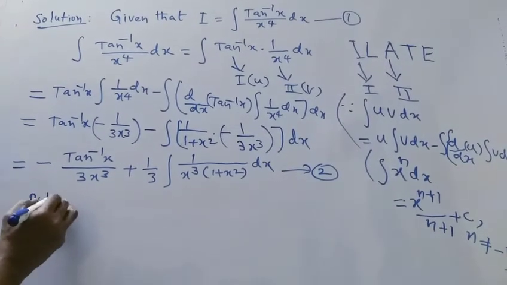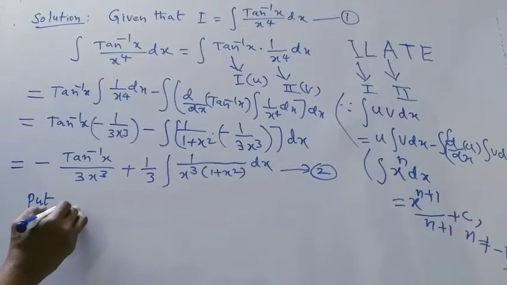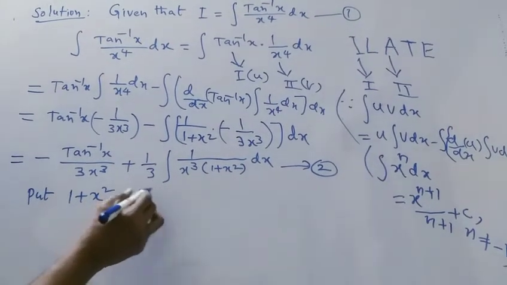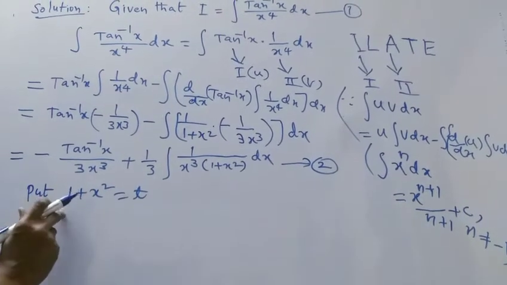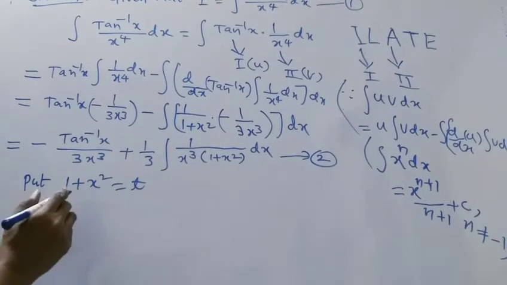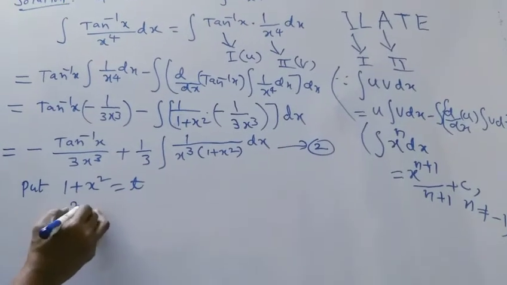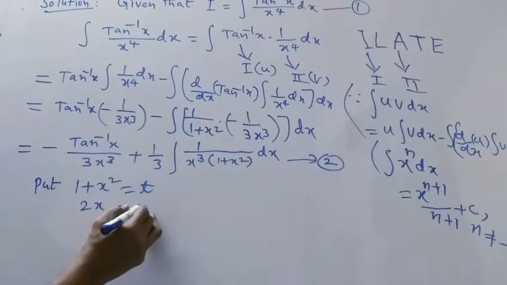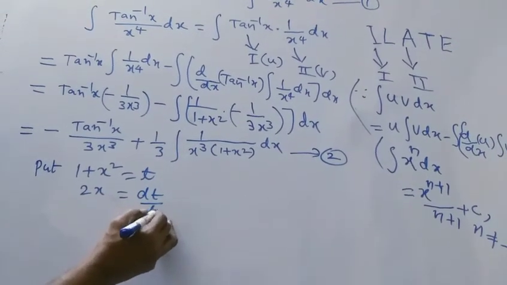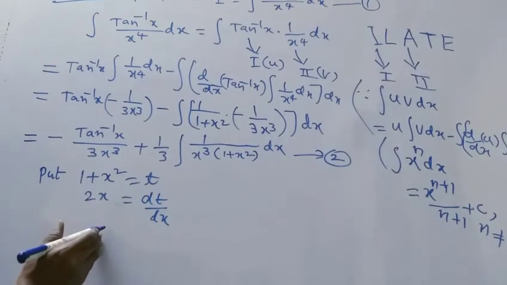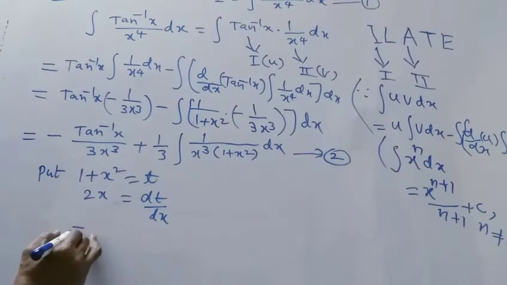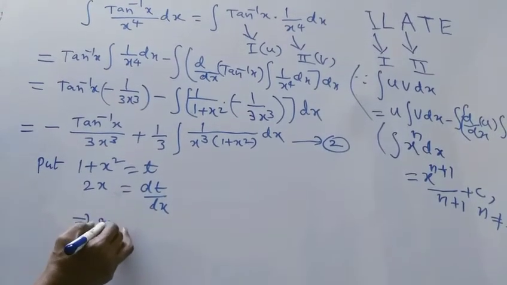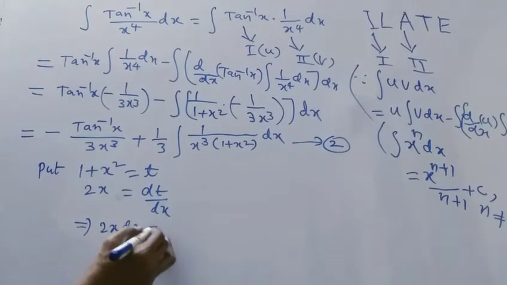Put 1 plus x square is equal to t. Differentiate it on both sides with respect to x. It becomes 2x is equal to dt by dx. So this implies 2x dx is equal to dt.